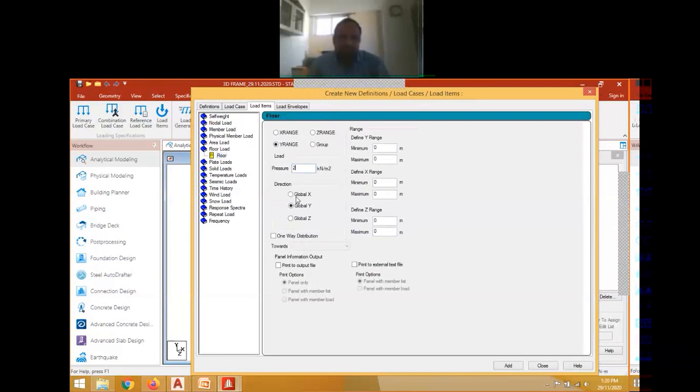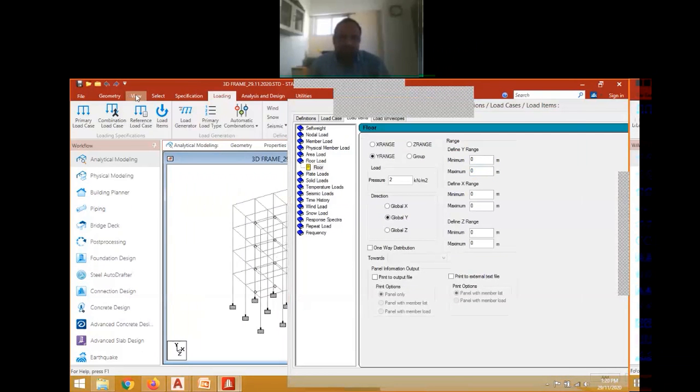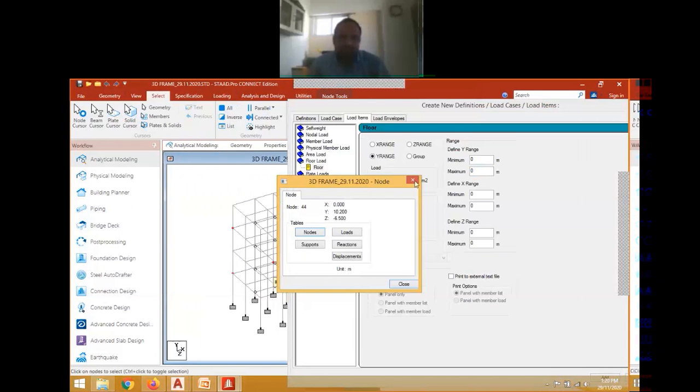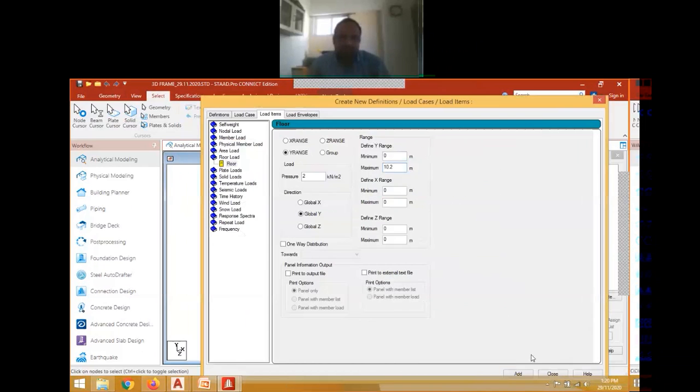And then here just say pressure equal to 2, range is Y, and then you can have the range from 0 to, now what is that node number? Okay, so let us check that. Geometry, like this is 10.2. So I want 2 kilonewton per meter square from 0 to 10.2.